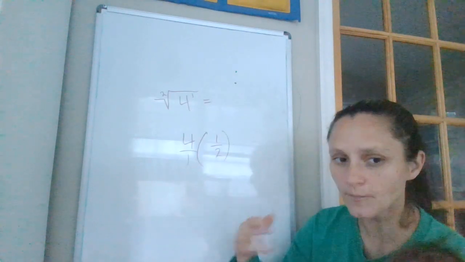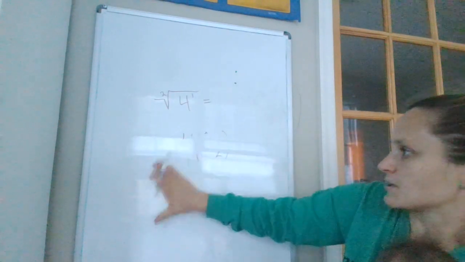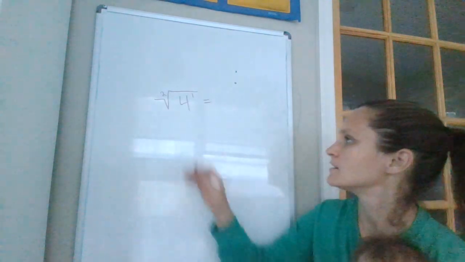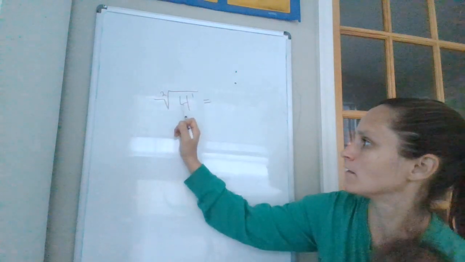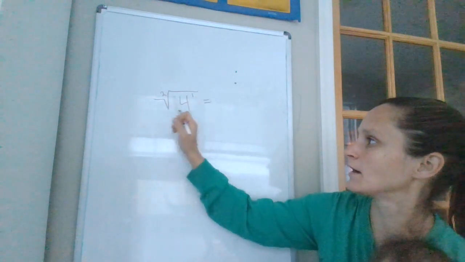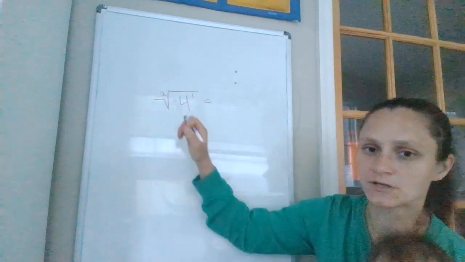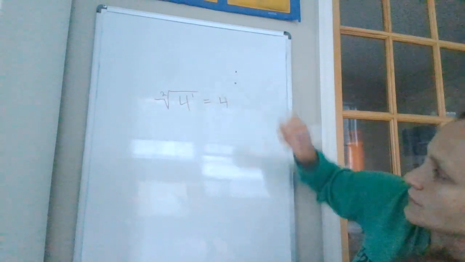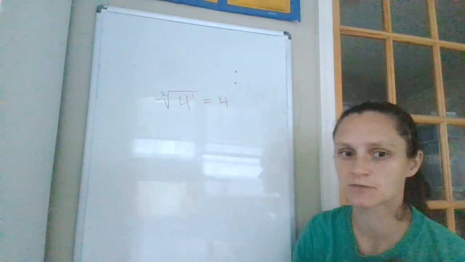Any number that doesn't have an exponent has an exponent of 1, because it's to the power of 1. So we have the 4 to the 1, root 2. Okay, so what does that mean if we were to convert this into a fractional exponent?